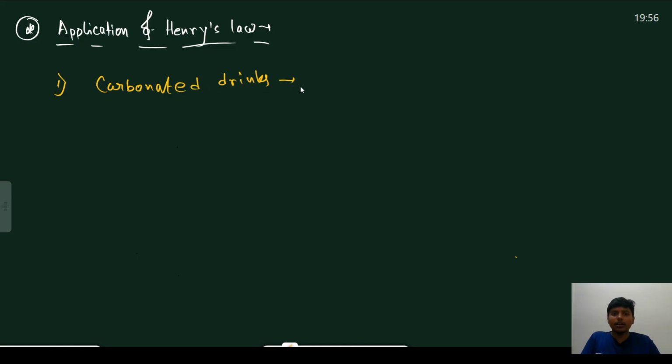Your carbonated drink is nothing but sugar water, some syrup, and inside that carbon dioxide is added at high pressure. When you press it in at high pressure, carbon dioxide will dissolve in it.